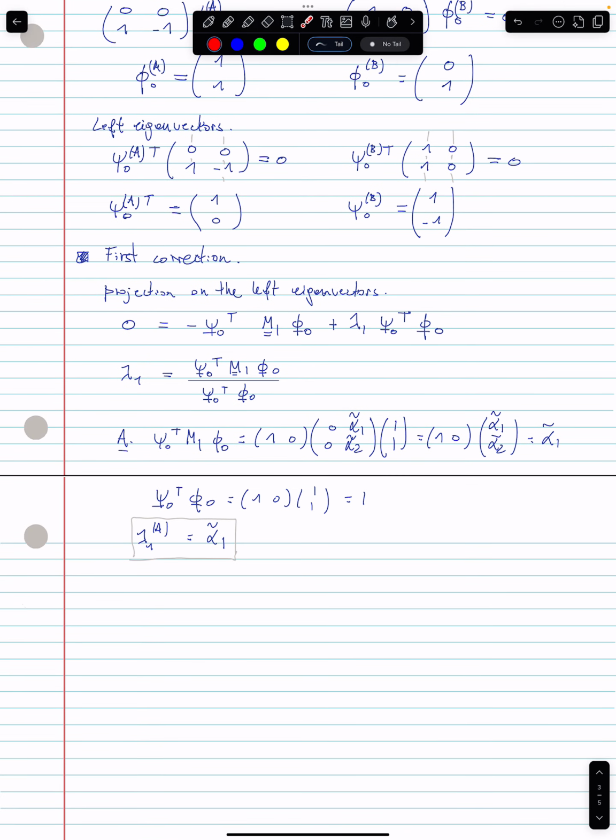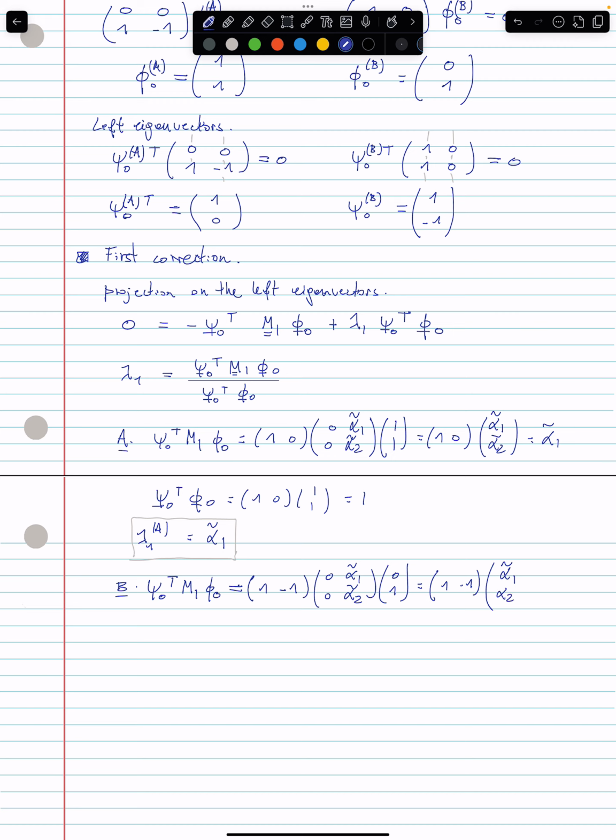So we are good to go with the following, which is B, and then B is psi 0 transposed M1 phi 0. That is 1 minus 1 multiplied by alpha 1, 0, alpha 2 tilde, and then multiplied by phi 0, which is 0, 1. So we have 1 minus 1 multiplied by alpha 1 tilde and alpha 2 tilde.